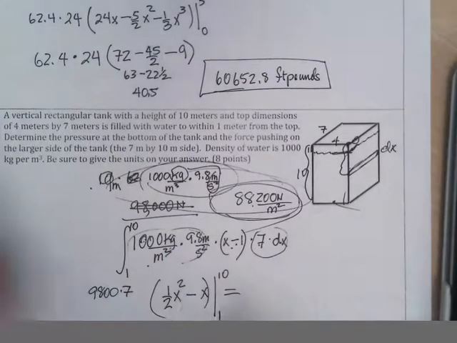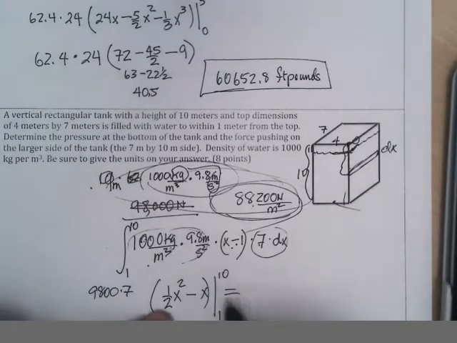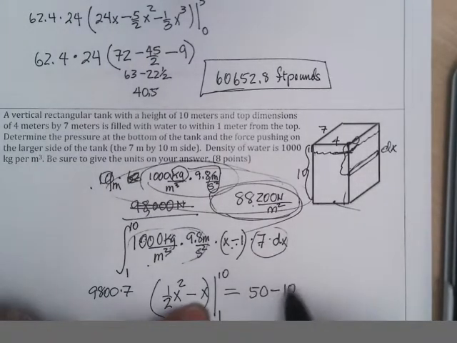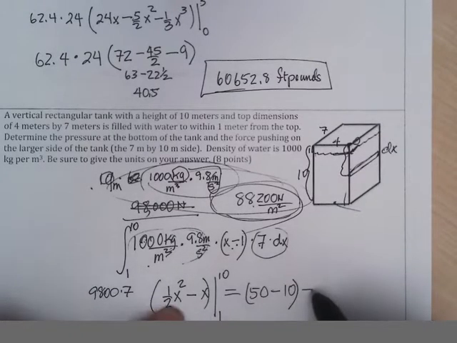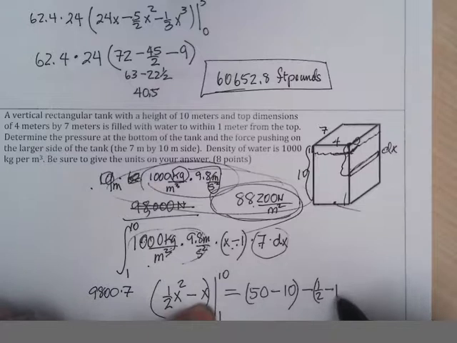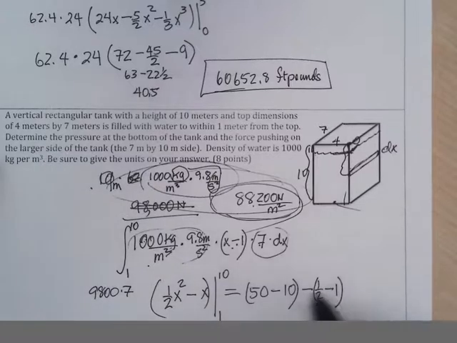And so I get 100 divided by 2, which is 50, minus 10, minus 1/2 minus 1. So that's plus 1/2. So 50 minus 10 is 40 and 1/2.